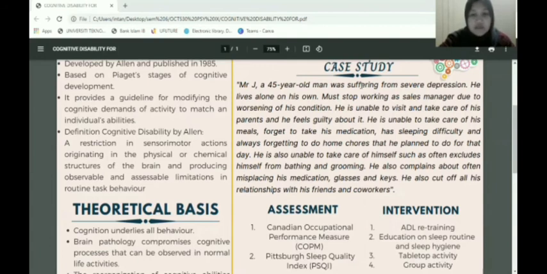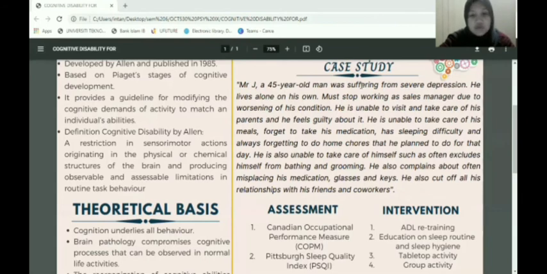And then we can also create a timetable for Mr. J to follow. And then in ADL retraining, we must show the process by demonstrating the activity step by step. So basically, Mr. J, our patient, can carry out the activity step by step.